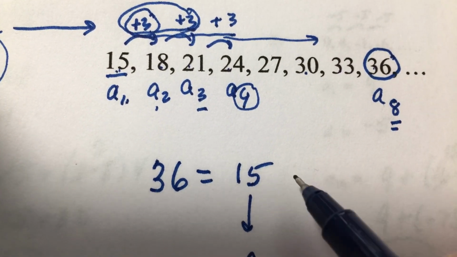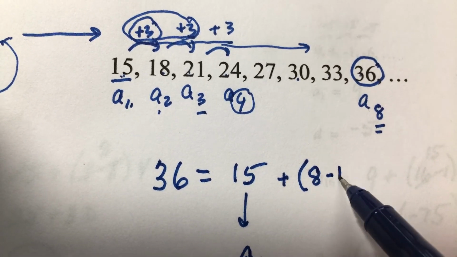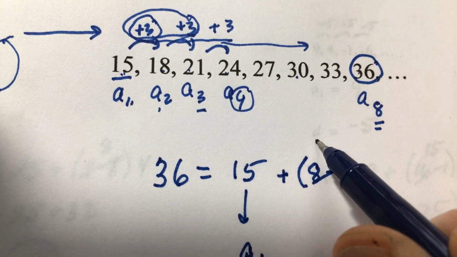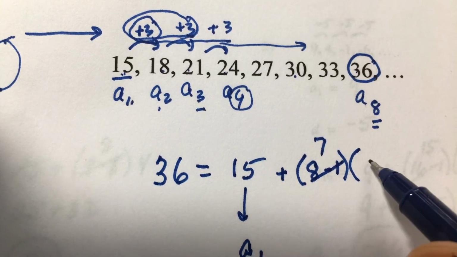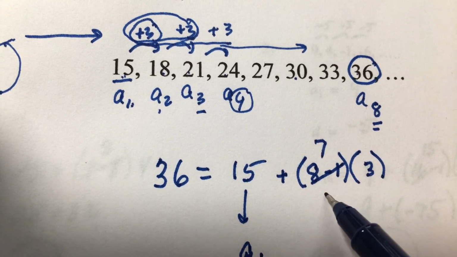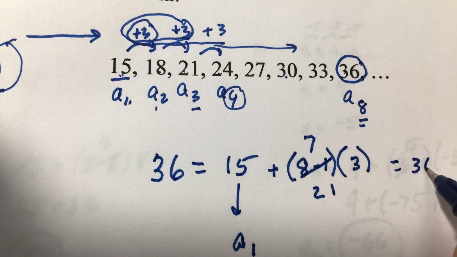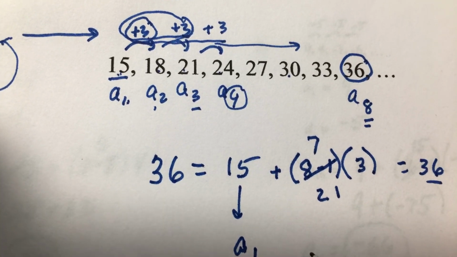Then if this is the 8th number, how many 3's did we add? We didn't add 8, we only added 7 of our 3's. And 3 times 7 is 21, and 15 plus 21 gives us our 36. That's how we landed on 36.